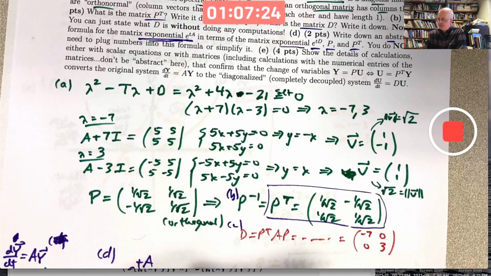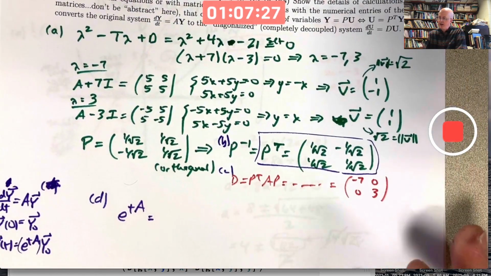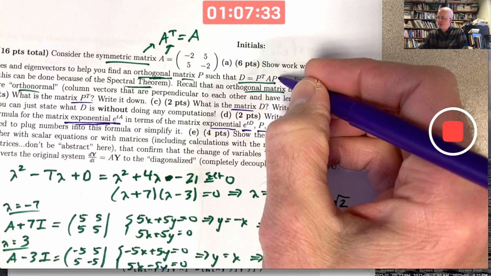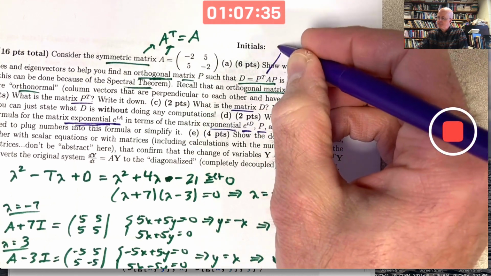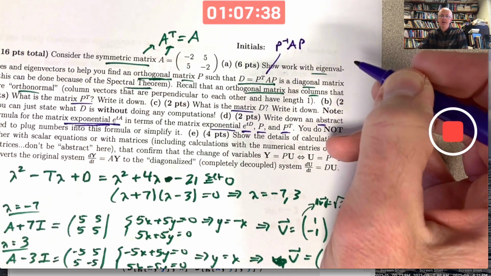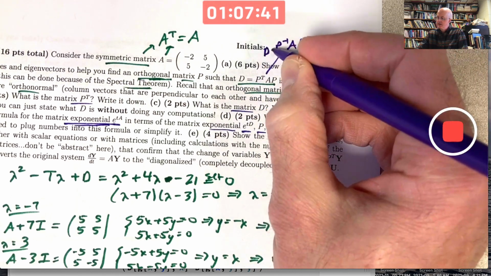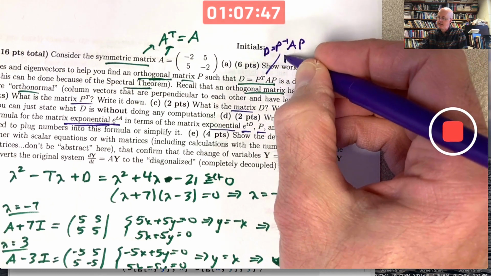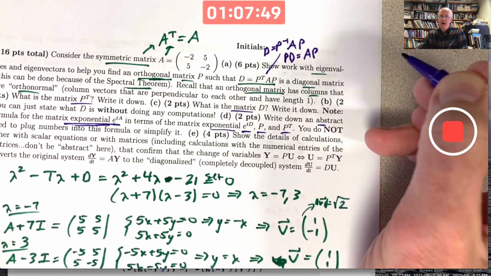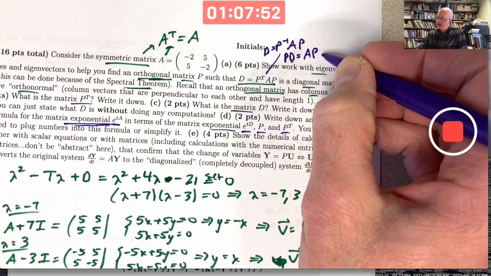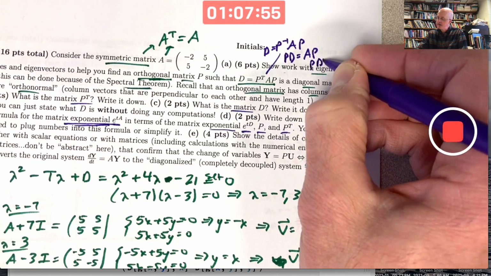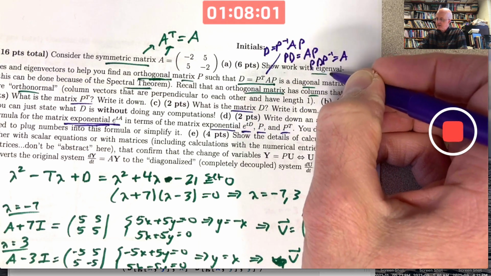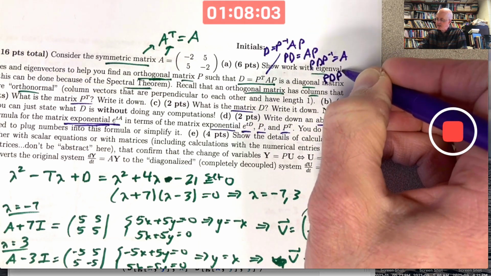E to the tA first gets rewritten by rewriting A in terms of D. Now, since D is P transpose times AP, which in general is P inverse times AP, you can take this equality and multiply both sides on the left by P to cancel the P inverse there to get PD equals AP, and then multiply both sides on the right by P inverse to cancel the P there and say PDP inverse equals A, which for when P is orthogonal is the same as PDP transpose equals A.